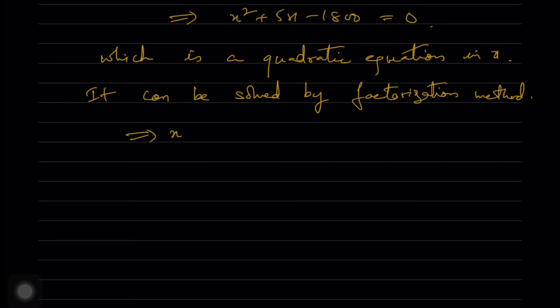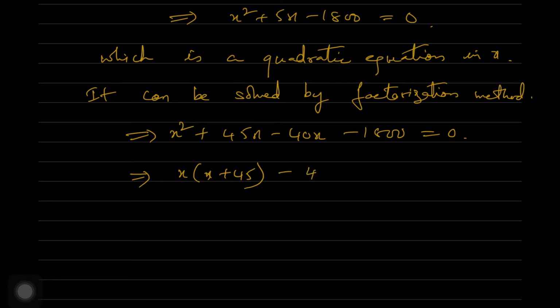So which implies x square plus 45x minus 40x minus 1800 is equal to 0. 45 into 40 is 1800 and 45 minus 40 is 5. So therefore you can write this as, if you take out x common, x plus 45.